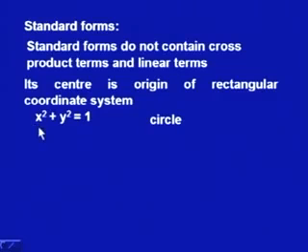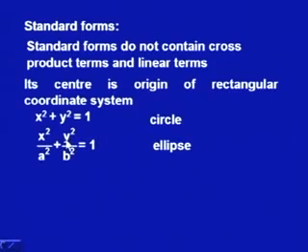Like x square plus y square is equal to 1, we know it is a circle. It does not have any cross terms or linear terms, so it is the standard form of a circle having center at origin and radius 1. Similarly, x square by a square plus y square by b square is equal to 1 represents an ellipse.